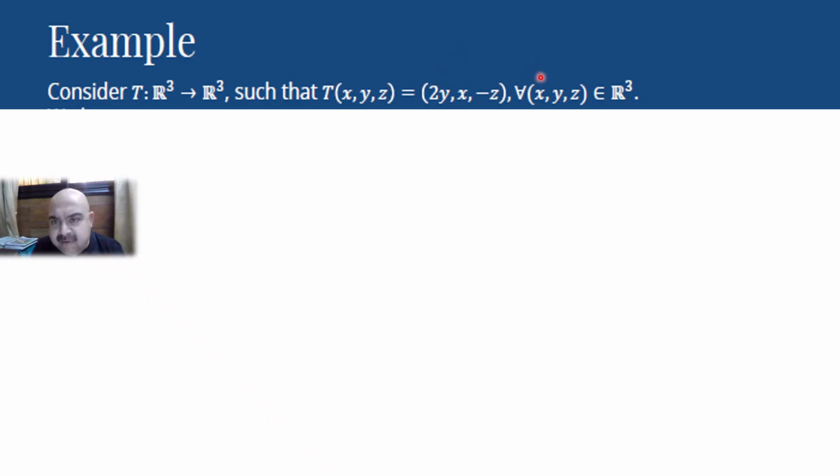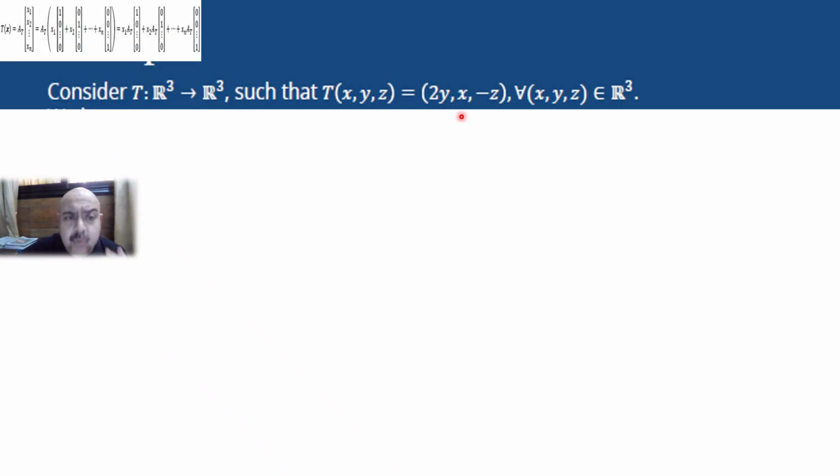And that's for every x, y, and z belonging to R cubed, which means the input of this vector. So it will start with the vectors in R3, and it will end with the vectors in R3 after this transform. So look closely at this transform.